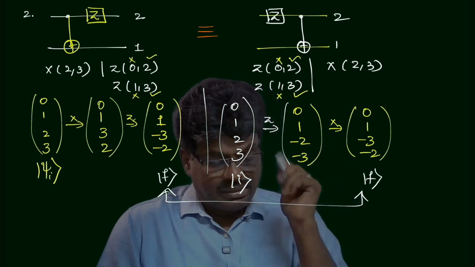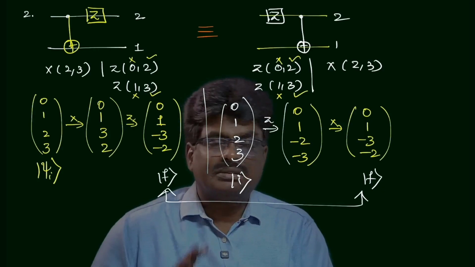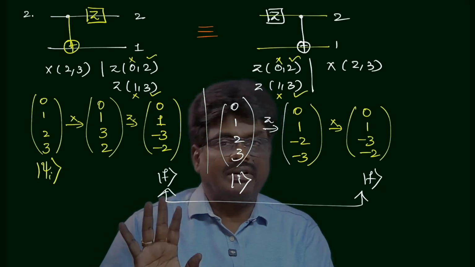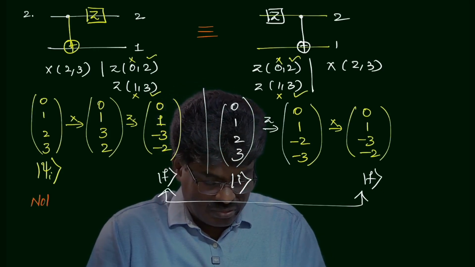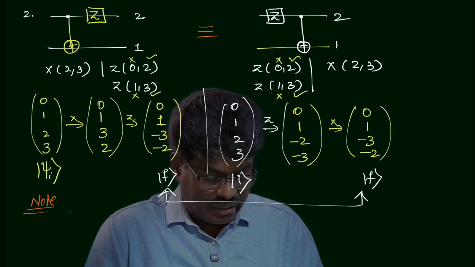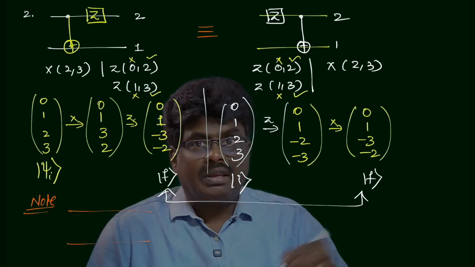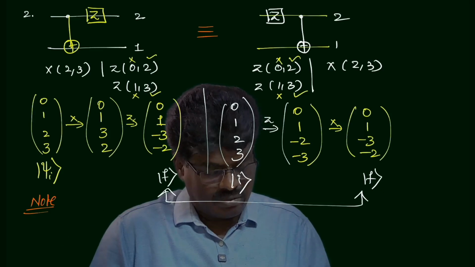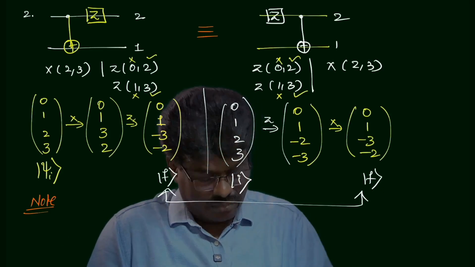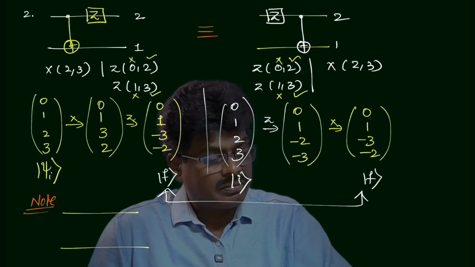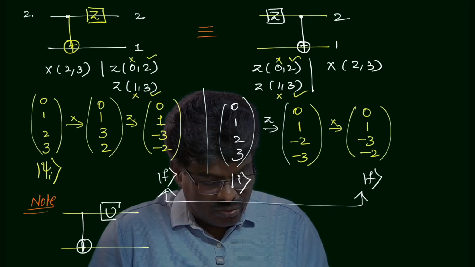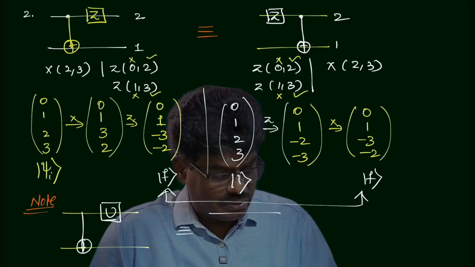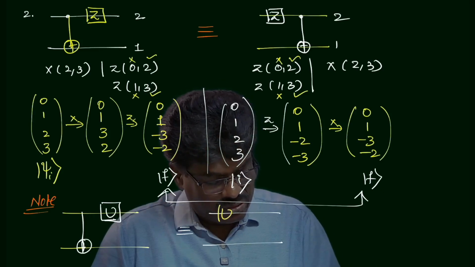Actually, this is not only for Z, this is valid for any diagonal matrix. That means what I am saying is, a small note, this is true for two qubits. What I am saying is, this is the CNOT, and here U, this is equivalent to U, and here CNOT.